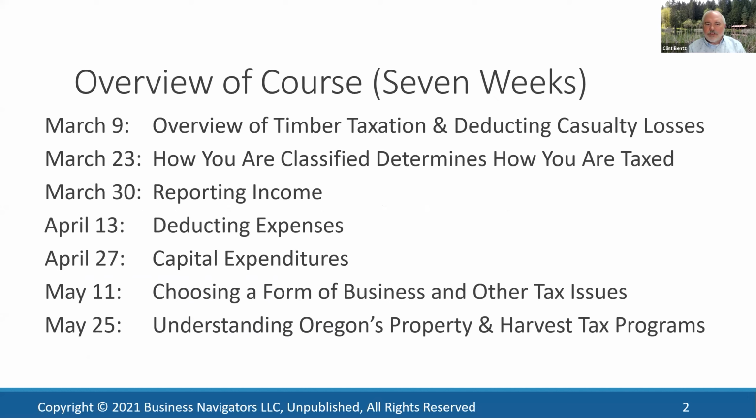Next time we get together on the 27th, we'll be talking about capital expenditures, things like basis and depletion, reforestation, roads, and then purchasing equipment and depreciation. That's all going to be next time. What we're talking about today are your operating expenses and what can be deducted. Then on May 11th, we'll be talking about choosing a form of business. And then our last session will be on property tax and harvest tax programs.